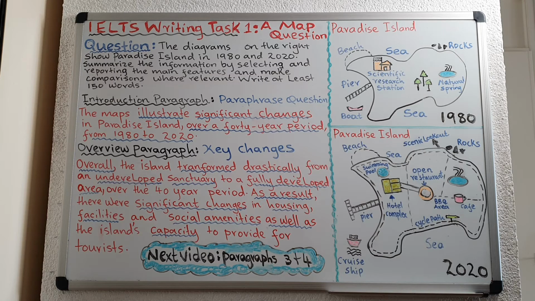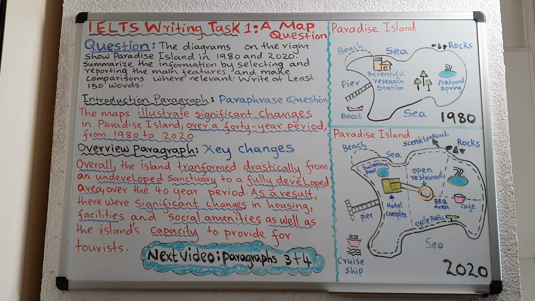The maps illustrate significant changes in Paradise Island over a 40-year period from 1980 to 2020. So what I have done is I have paraphrased the statement by keeping some of the original words and replacing some, but also adding some extra information. But the meaning is still the same.